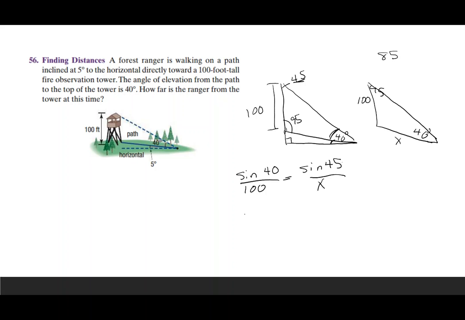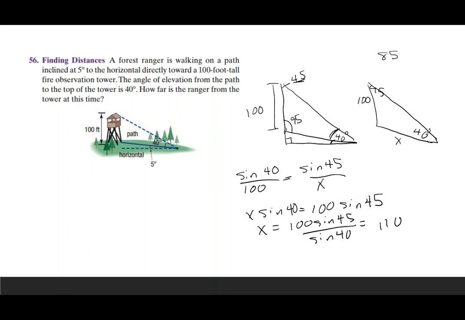Right, so cross multiplying, I have x sine of 40 is equal to 100 sine of 45. So we're going to divide. We have 100 sine of 45 over sine of 40, which says this is 110.